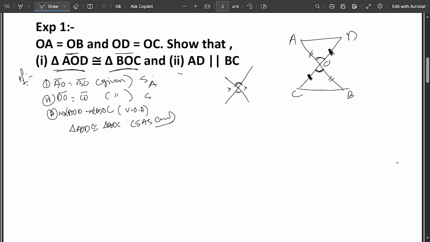Now we have to show that AD is parallel to BC. In the figure, we have to show this AD parallel to this BC.